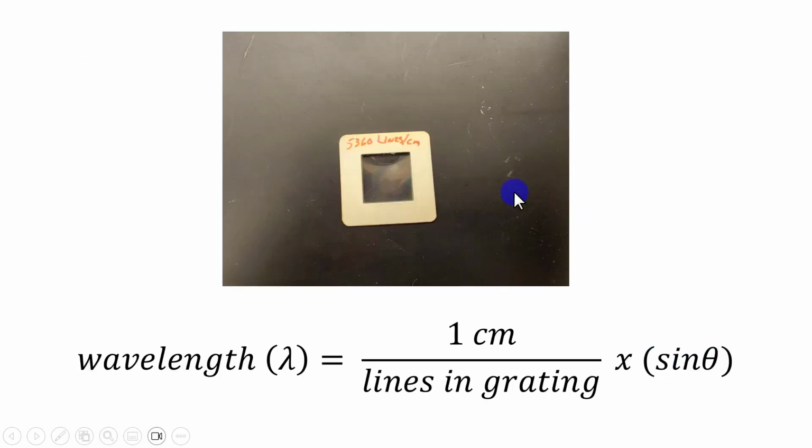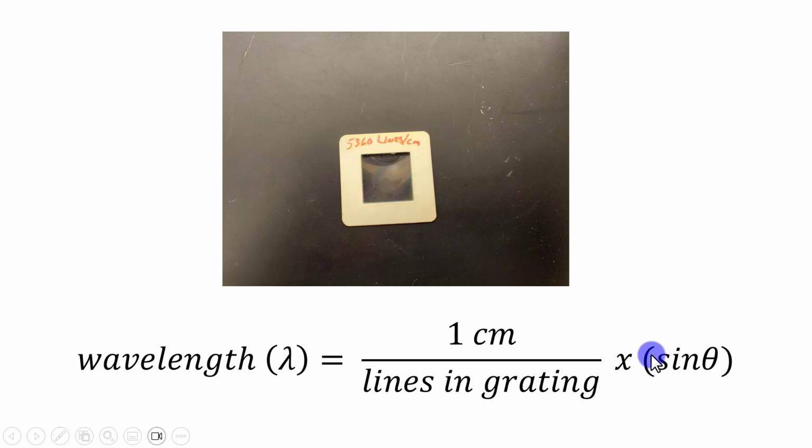Once you have the sine theta, you will need this little piece of information as well that you get from the pictures. The wavelength in centimeters is given as 1 centimeter over the lines in the grating, which is given right here, 5360 lines in the grating for every centimeter, multiplied by the sine theta value that you just figured out in the previous slide.